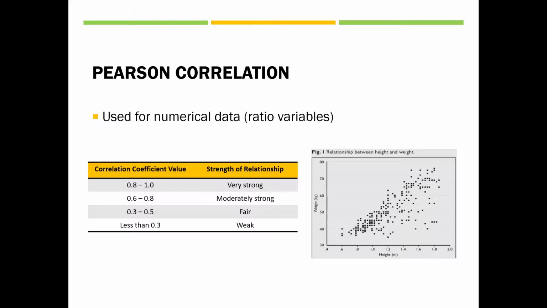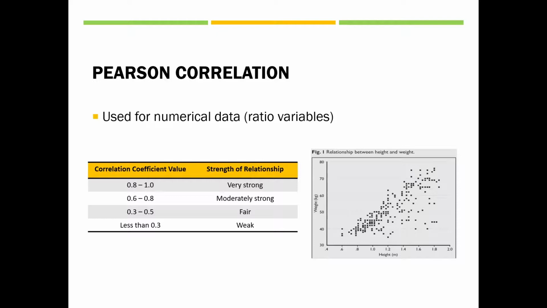So we will calculate a Pearson correlation using some kind of software, or you can mathematically calculate this, but in the lab we will just be calculating it using Excel, and it will give you a number.